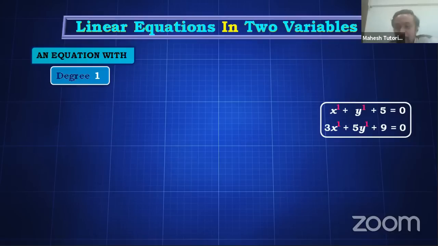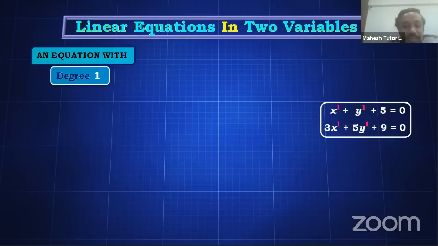Moving further, look at the next example, students. x plus y plus 5 is equal to 0. Now tell me, students, in this equation how many variables are there? 2. Perfect. Which two variable alphabets are there? x and y. Since there are two variables, this linear equation is a linear equation in two variables. Perfect. Look at the last example.